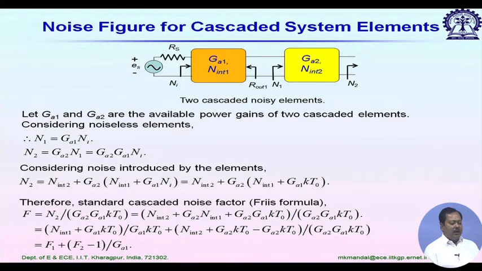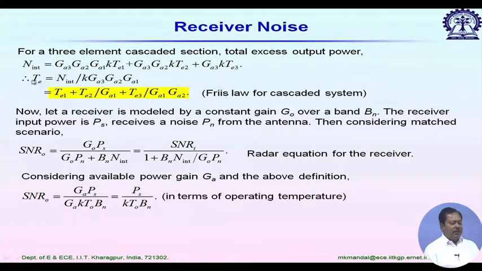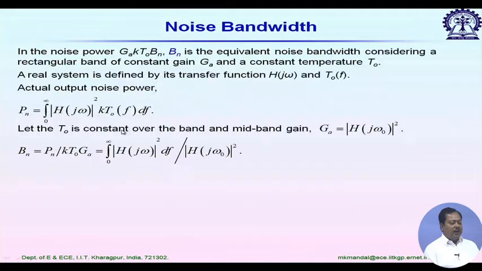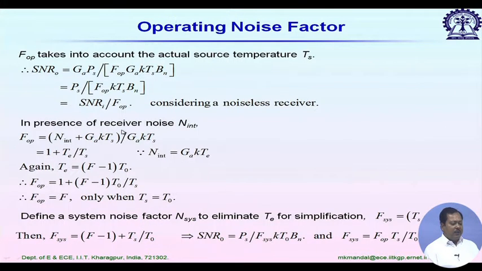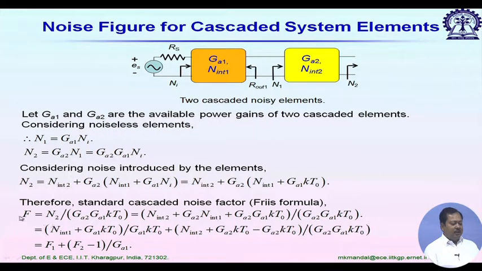So equivalent noise temperature TE is equal to TE1 plus TE2 by GA1 plus TE3 by GA1 GA2, and it continues like this. If we use the noise factor approach, then the equivalent F is equal to F1 plus (F2 minus 1) by GA1. For the next component it would be (F3 minus 1) by GA1 into GA2, and it continues like that.